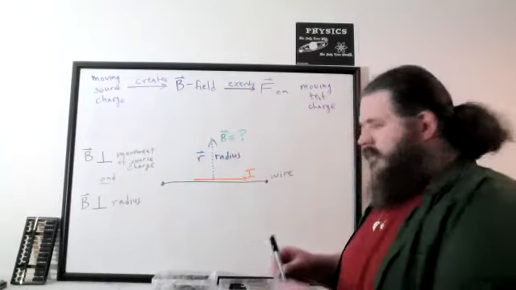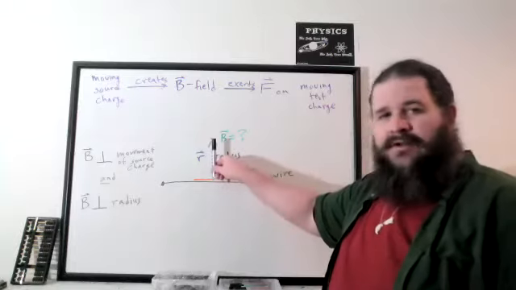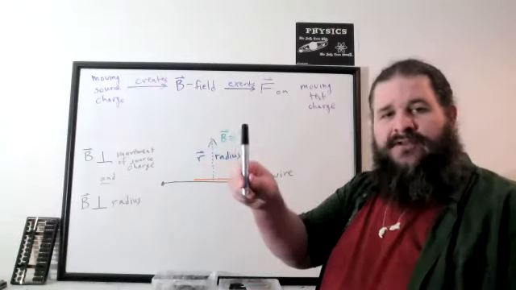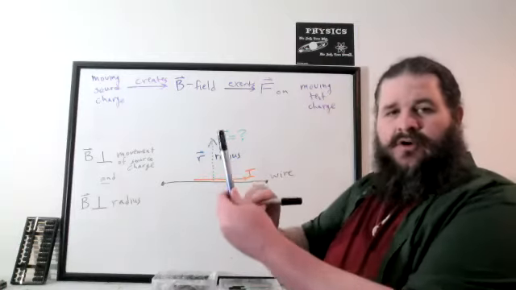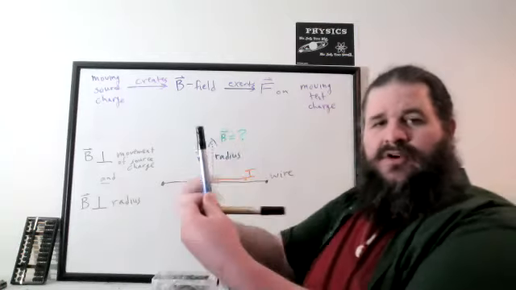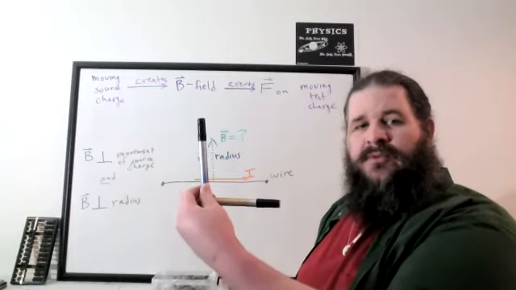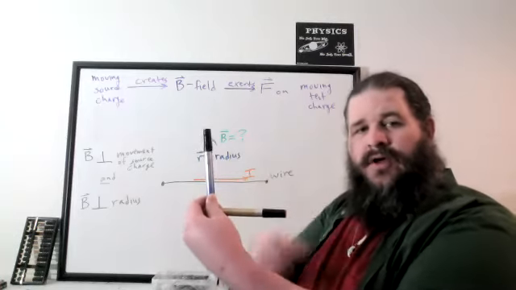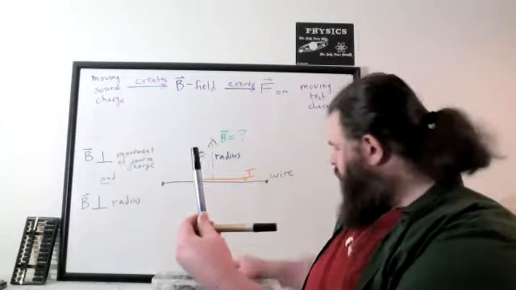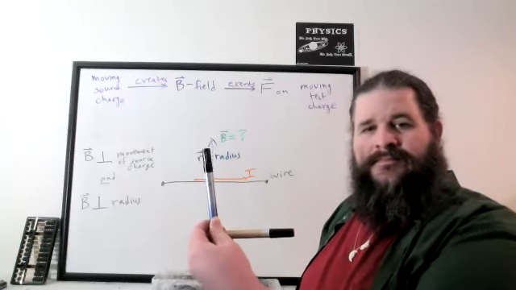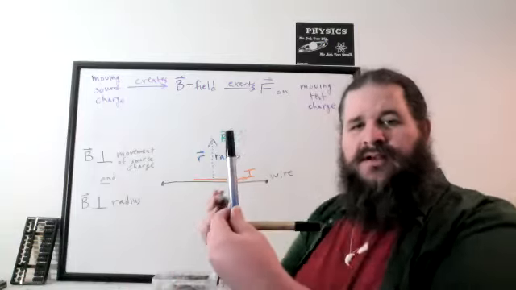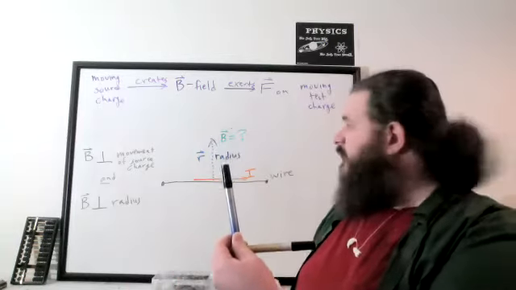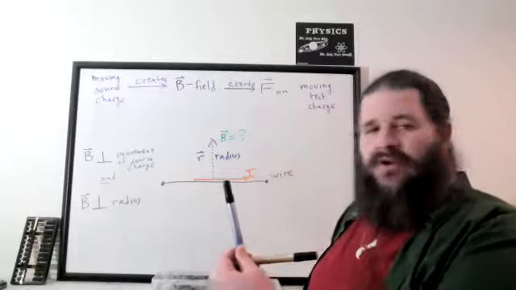So if we have a radius that is vertical, here's our radius vector, and a current flowing in this direction, there's our current. Given radius and current, what are the only possible directions that are perpendicular to both of those? Yeah, either straight out of the board or straight into the board. Those are the only possible directions for the magnetic field in this context.